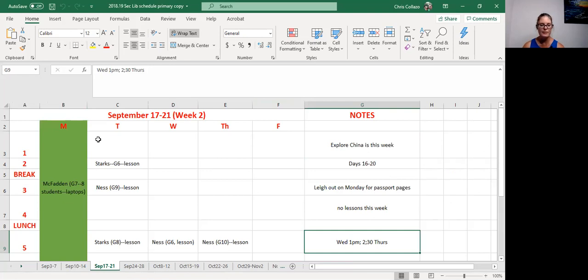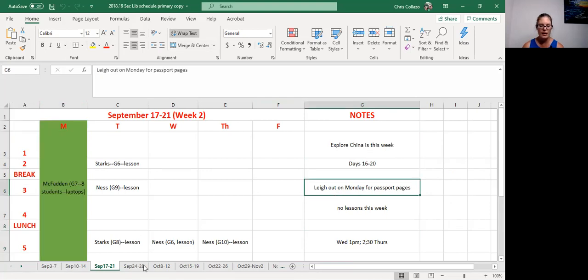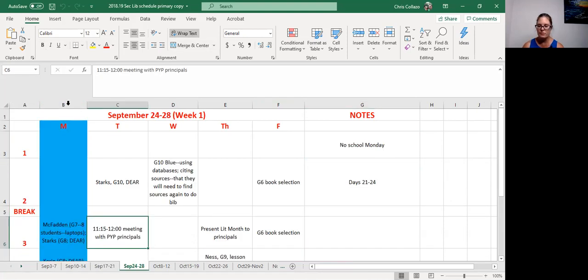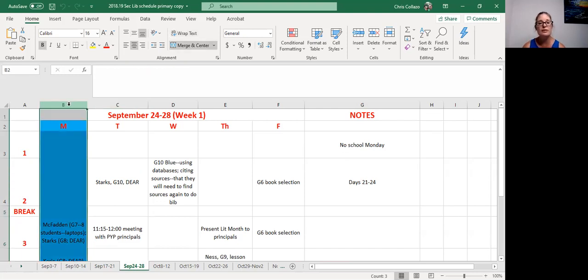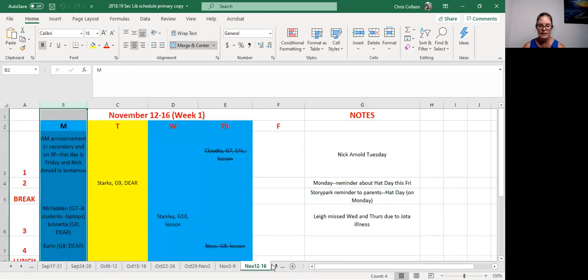Looks like I was out for passport right here, so that's why that's green. And I put the note over here so I could see why that was green. Here's one, we didn't have school on Monday, so I didn't want to schedule anything if we didn't have school. So that helped me to remember, and it just went on and on throughout the whole school year.